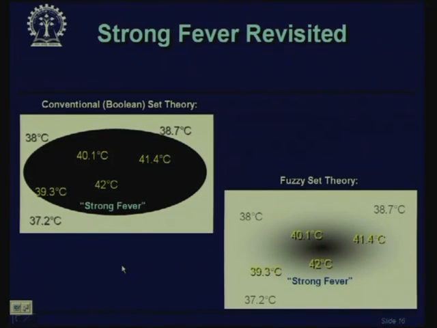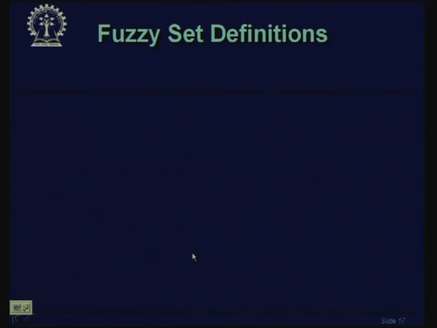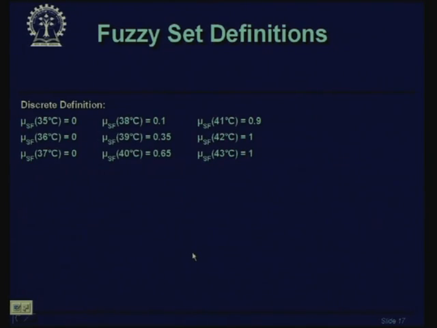Say here again we are revisiting that strong fever case. In conventional Boolean set theory, it was like this, and in fuzzy set it is represented in this way. Now, we can define, say, discrete definitions. If I say strong fever, 35 degree, these are zeros.